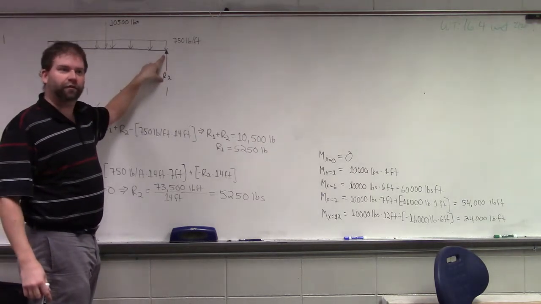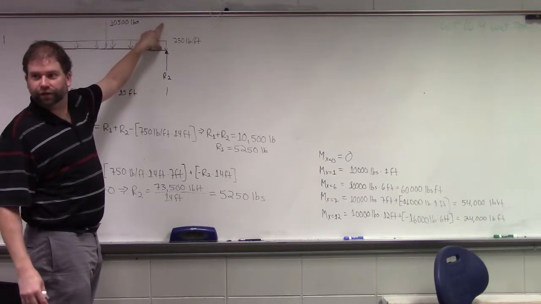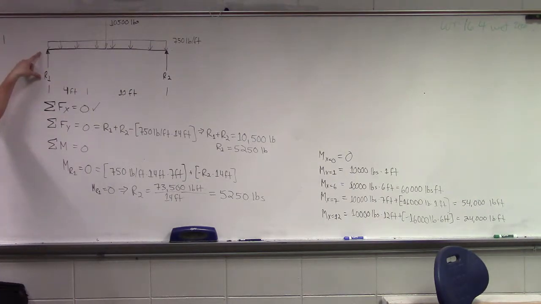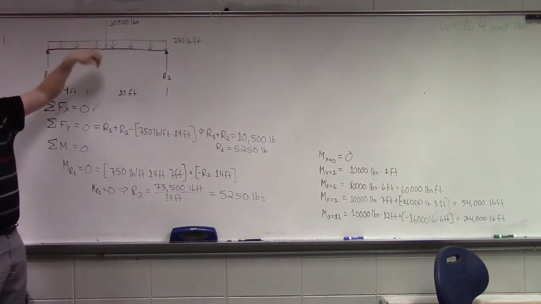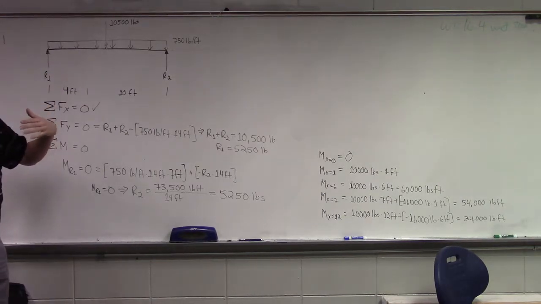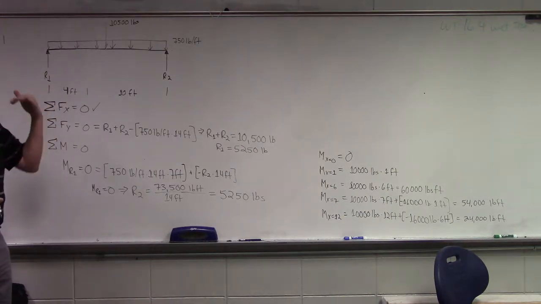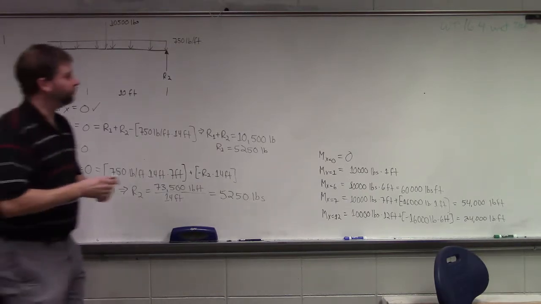But what happens if I start from R2? I'm going to have a positive 5250 over here and a negative 5250 over here. Does our beam care if it's being acted on in this direction or that direction? That's just what we're using to figure out what's going on. All the beam cares about is the magnitude.